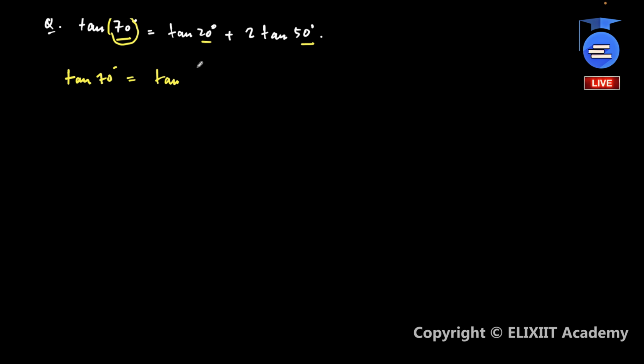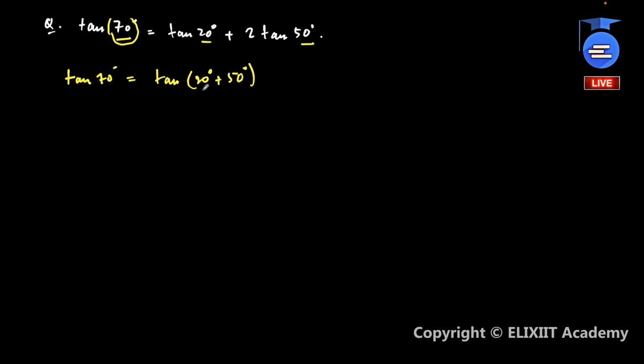Basically, we are writing 70 degrees as 20 plus 50 degrees. Tan 20 plus 50 degrees. Next, what do we do?